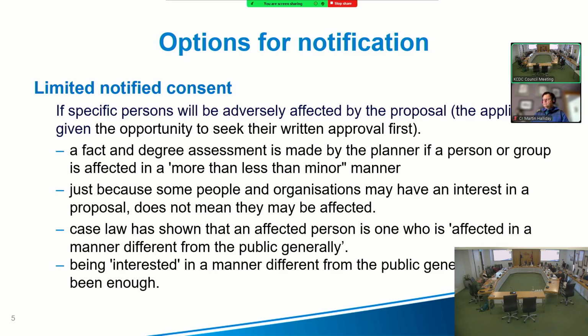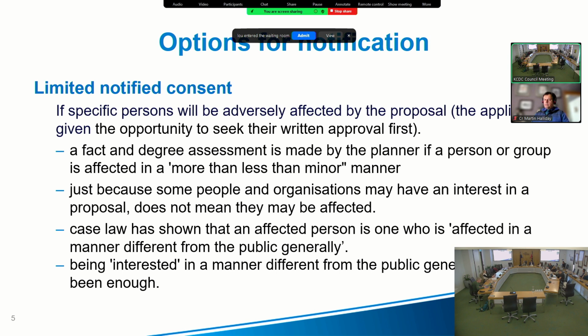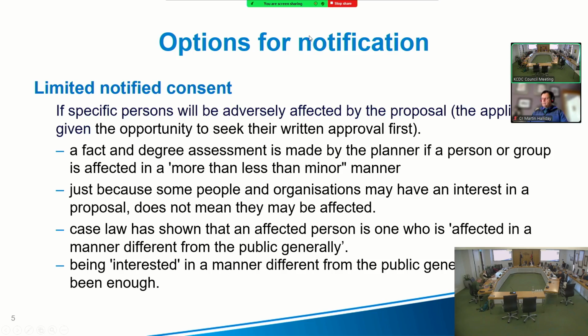So our internal process at the moment is that we would get the planners together. The processing planner would consider or present the application to the team, and they would raise what potential effects have come out of the consenting process that could be considered more than minor. And then the planners at the moment, the process is to really scrutinize the decision making to ensure that we have a robust approach to notification.